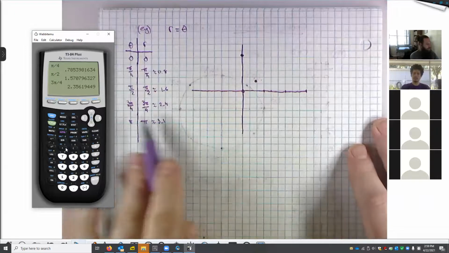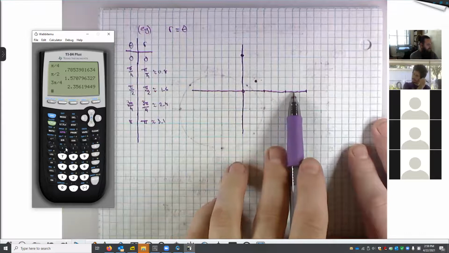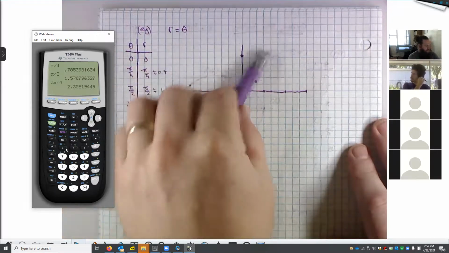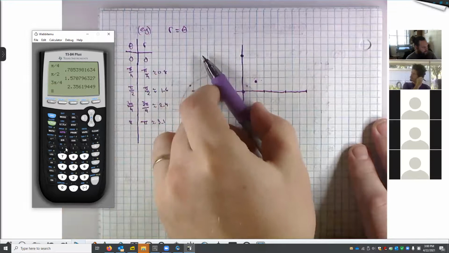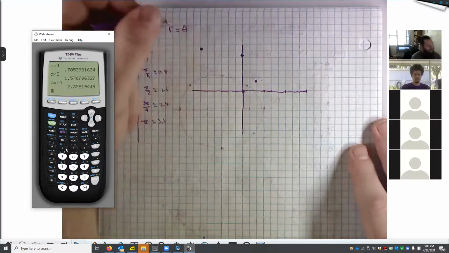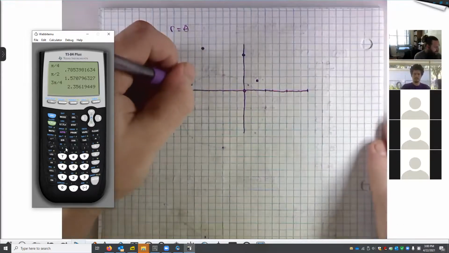Three pi/4, 3pi/4, I walk out about 2.4 units, that's like here. And I rotate all the way around 3pi/4, which is like to here. So we're going to be out right around here. And then pi, pi, so do I have room to get it here?